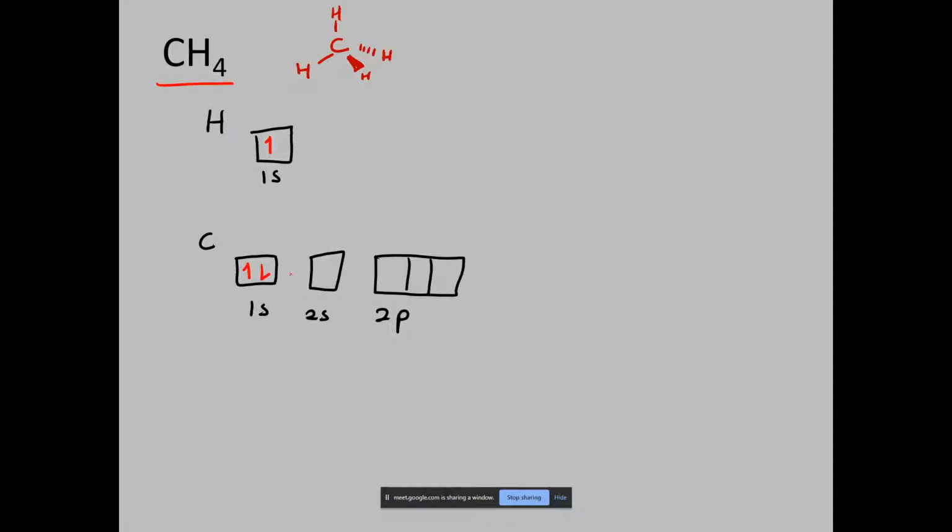So kita susun 4, 5, 6. Okay, remember how I cakap is only the valence electron yang involved in bonding. Only valence electron involved in bonding, right?